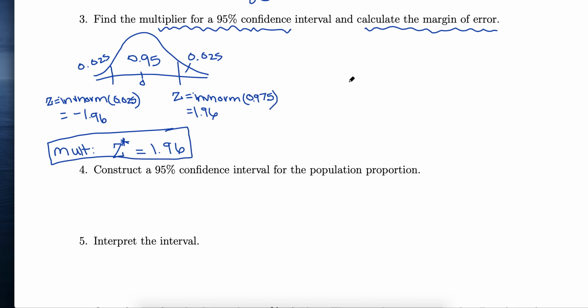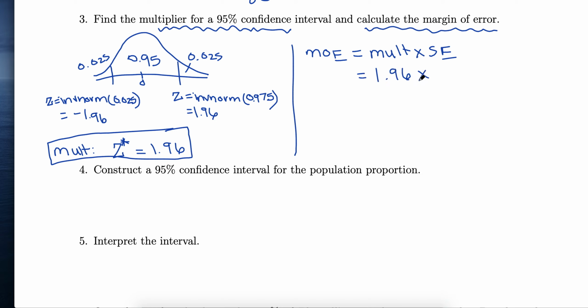All right. The second part of the question is asking for the margin of error. So remember, our margin of error, ME for short, is that piece that we're adding and subtracting to the point estimate. And it had our two parts, the multiplier and the standard error. The multiplier we just found out was our 1.96.